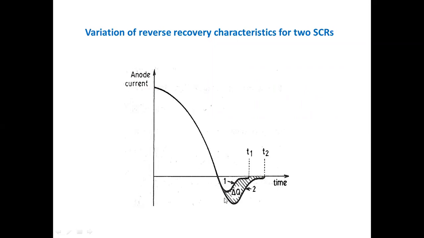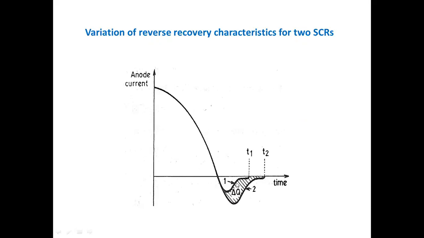Therefore, if you observe the reverse recovery charge of the two thyristors 1 and 2, SCR1 recovers first, as shown here, and SCR2 next. SCR1 recovers first and therefore goes into the blocking state and does not allow the passage of excess charge. SCR1 should recover first and doesn't allow any charge further.